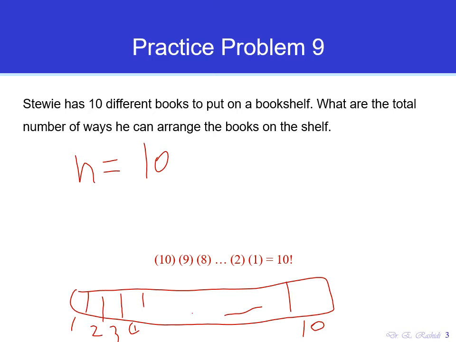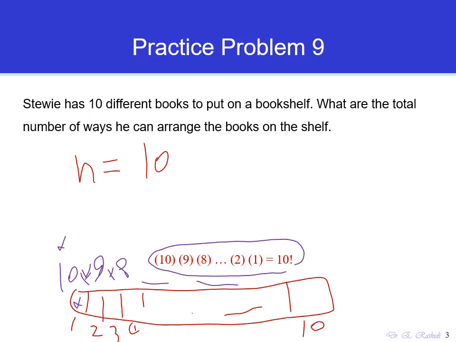For the first position, how many different books can you have? How many options do you have? You have 10 options, and you put one book here. For the second position, you have 9. Then you have 8. So that would be a total multiplication of all these numbers, which is 10 factorial.